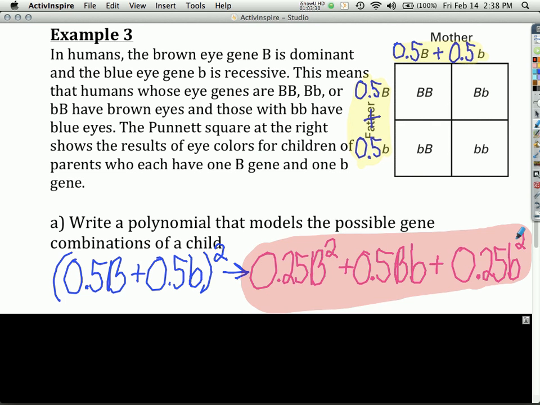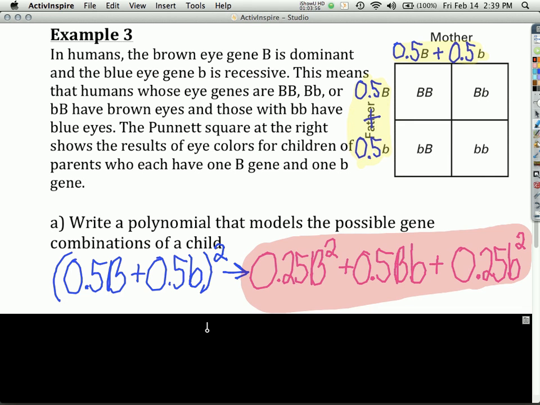Does anyone have any questions on how we went about this process? Multiply this times this, then times 2. 0.5 times 0.5 is 0.25, but then times 2 actually gets you back to 0.5.